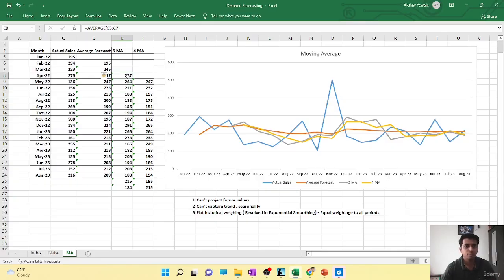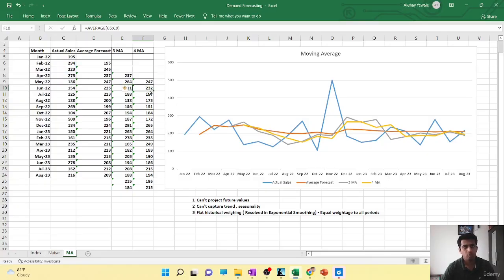So when you take a 3 months moving average, it's averaging the past 3 months, 3 periods of data. For May, the forecast is going to be the average of Feb, March, and April. For June, it's going to be the average of the past 3 months. That's how you calculate for everything.